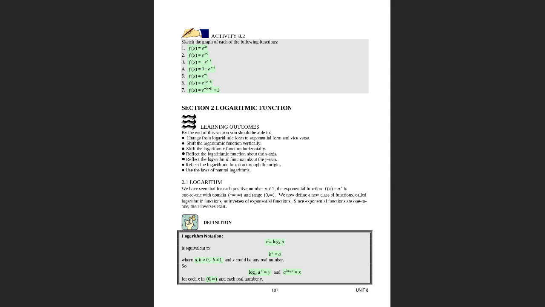Just like here, you know that the original function, we have e to the 2x minus 1.